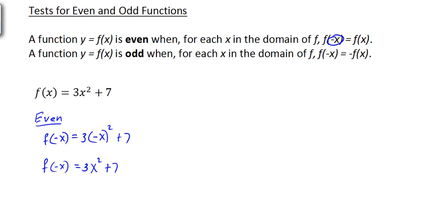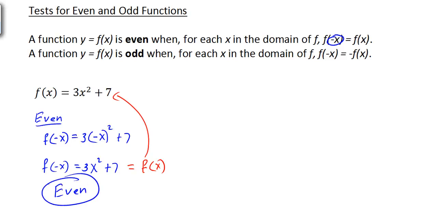If we compare this to the original, doesn't this equal the original function above? 3x squared plus 7, 3x squared plus 7. So therefore it's equal, which means our function is even.